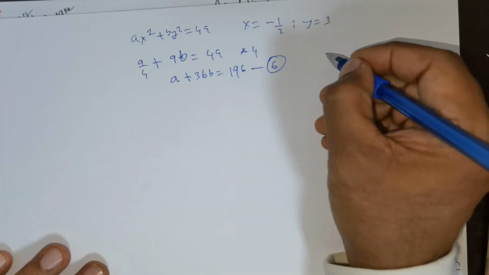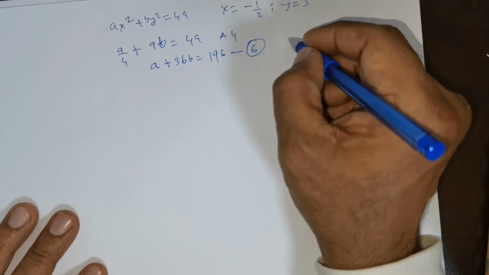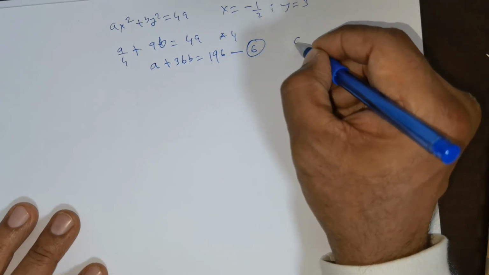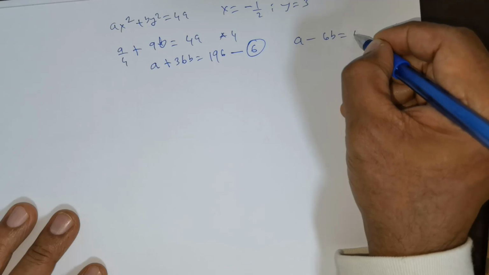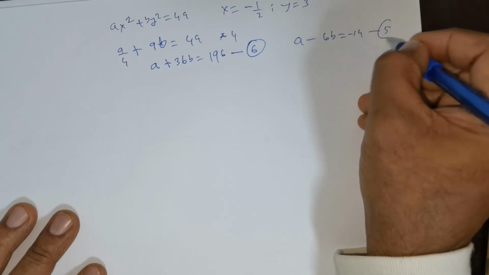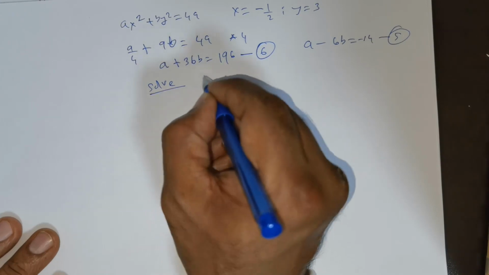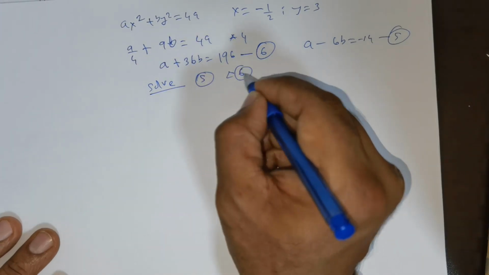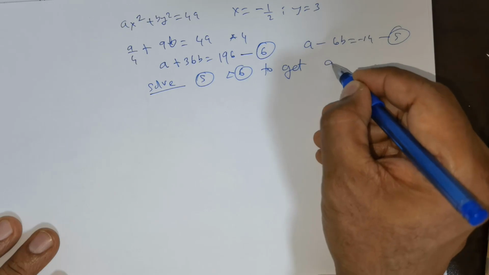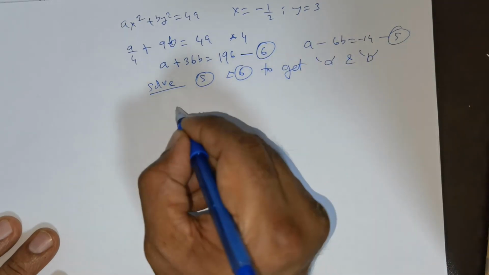So let me take this as 6. Already we have a system for 5, which is negative 6b is equal to negative 14. This is 5. So let me write these two equations. So we will solve 5 and 6 to get a and b.